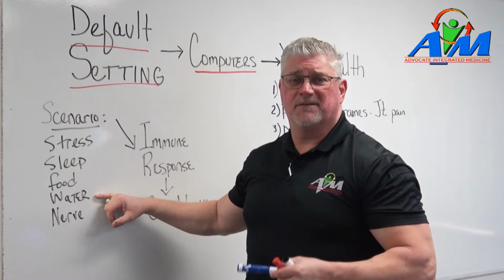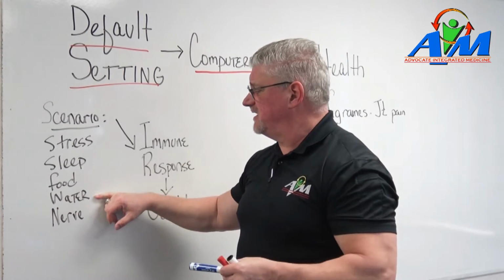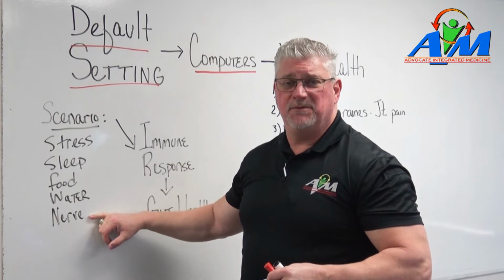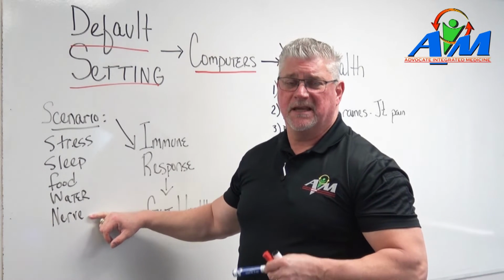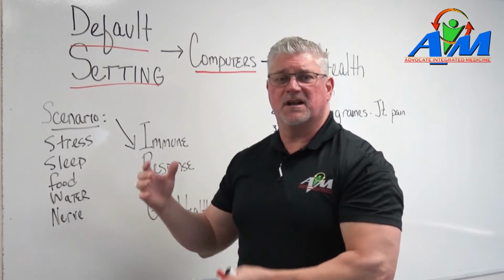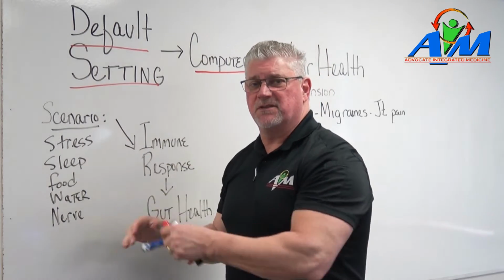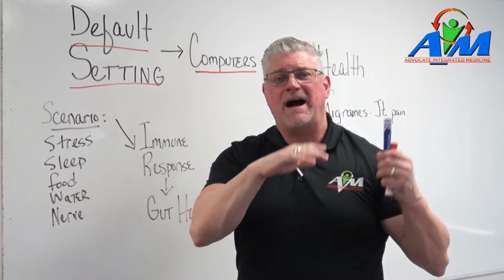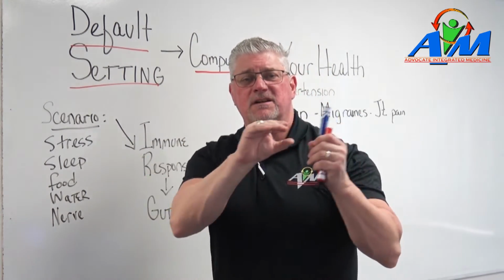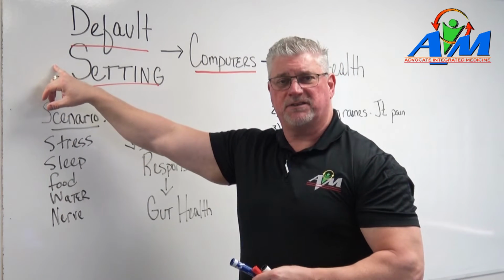If you're not drinking enough water, or you're drinking sodas, and if your brain's not communicating well with your body, and this is a nervous system issue, then your body starts to break down in a very specific pattern, or a default setting.